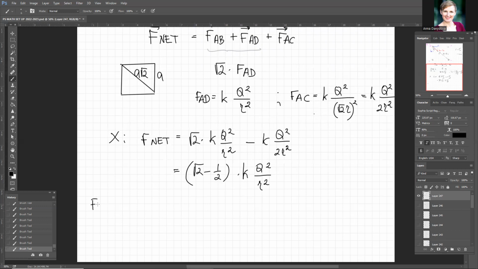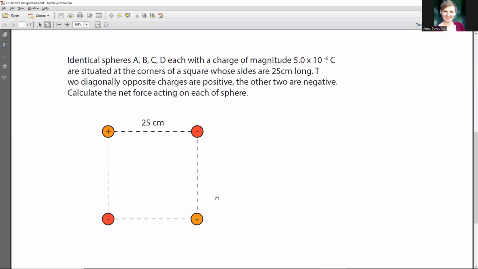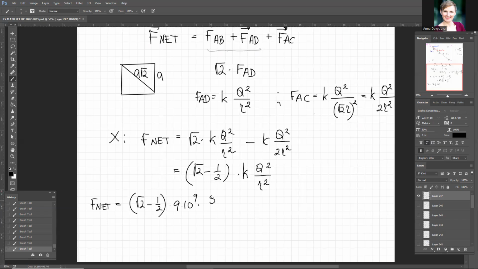Okay, so F net equals. I apologize that I'm not including units of measure, not very professional, but it's okay. So what are the charges? 5 × 10 to the power minus 6, squared. And 0.25 squared. So punch this all into the calculator step by step, however you want.